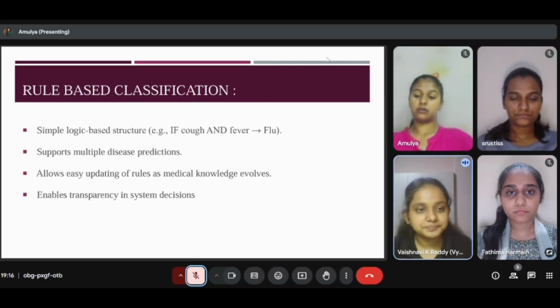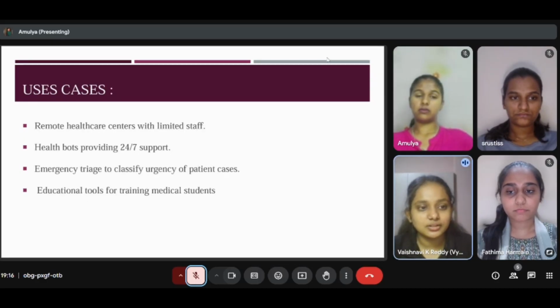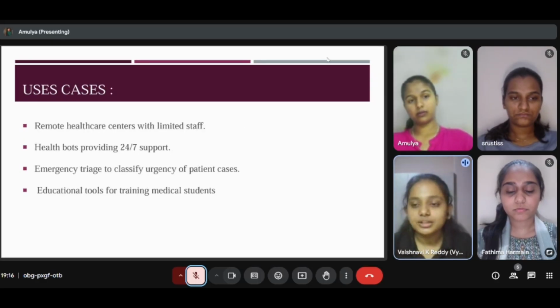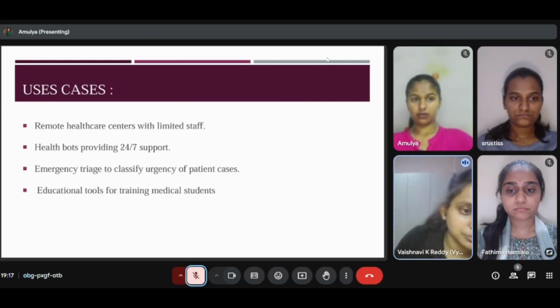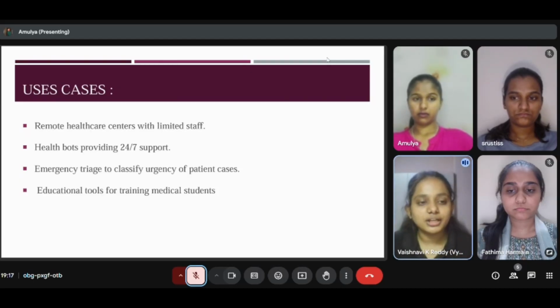Next slide. Here these are the use cases. We can use it in remote healthcare centers with limited staff. There is not much human work to do in production. We can easily use the machines to predict, and health boards providing 24 by 7, and emergency teams classify patient cases.